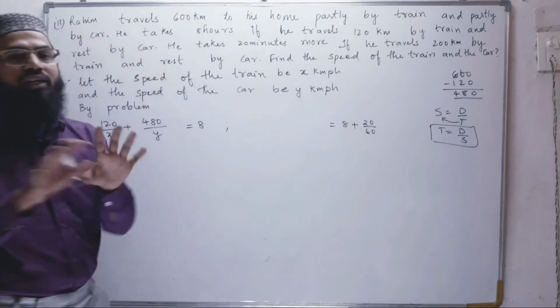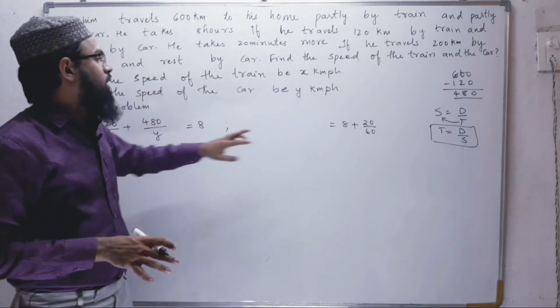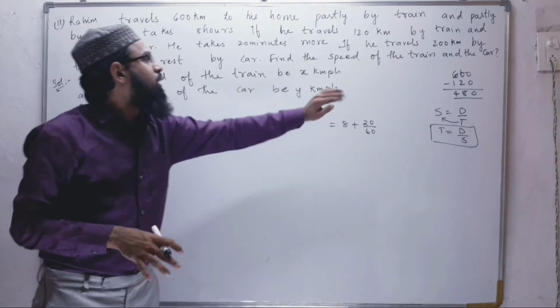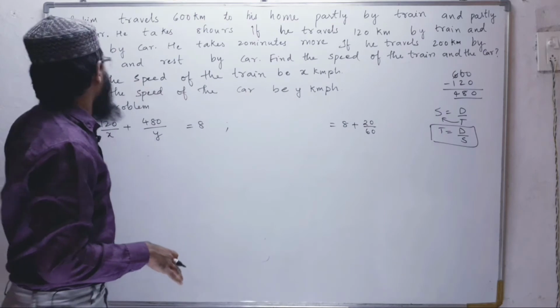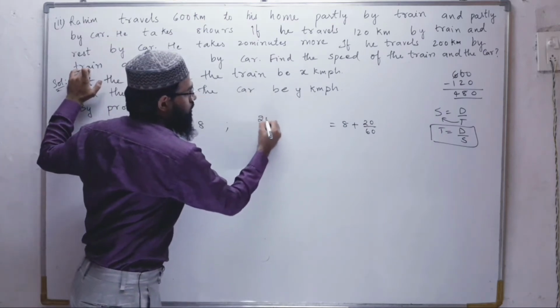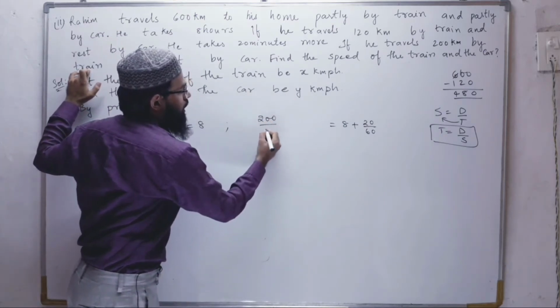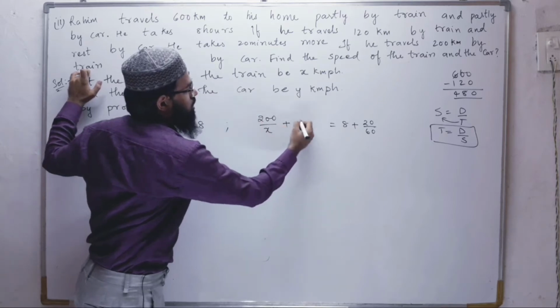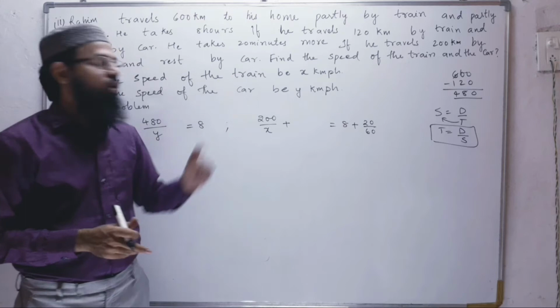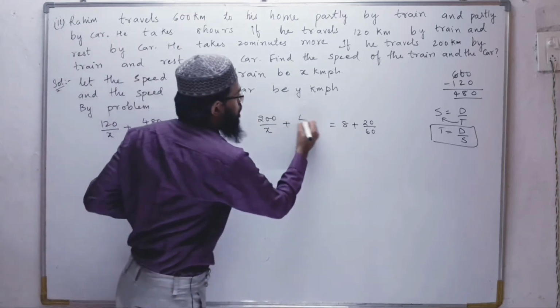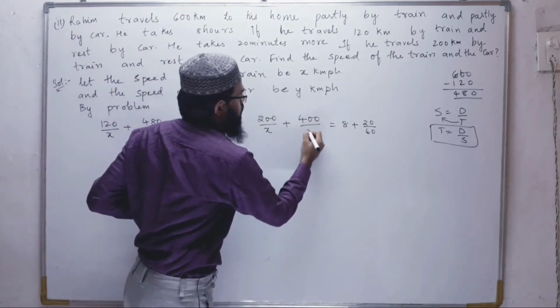It is also totally time dependent. That's why we write hours first, then we go for 200 km by train. So 200 km by train, the speed of the train is x, plus the remaining: 600 minus 200 is 400. So 400 by y.